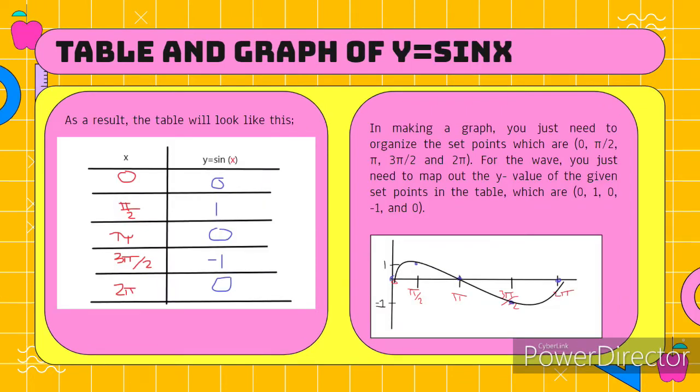As a result, the table will look like this. In making a graph, you just need to organize the set points which are 0, pi over 2, pi, 3 pi over 2, and 2 pi. For the wave, you just need to map out the y value of the given set points in the table which are 0, 1, 0, negative 1, and 0.